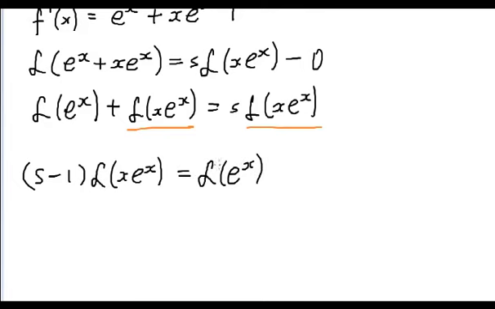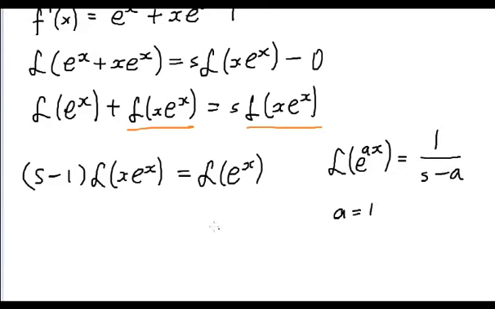But for e to the x, we have a formula that tells us what the Laplace transform of e to the x is. According to the formula that we know, the Laplace transform of e to the power a times x is equal to 1 over s minus a. We want to make use of this formula in the case when a is equal to 1.